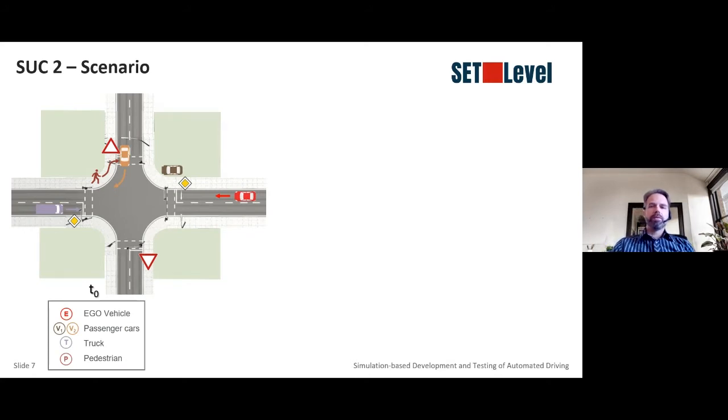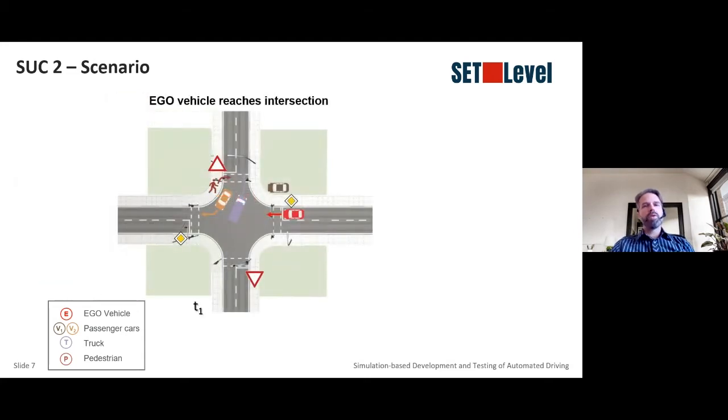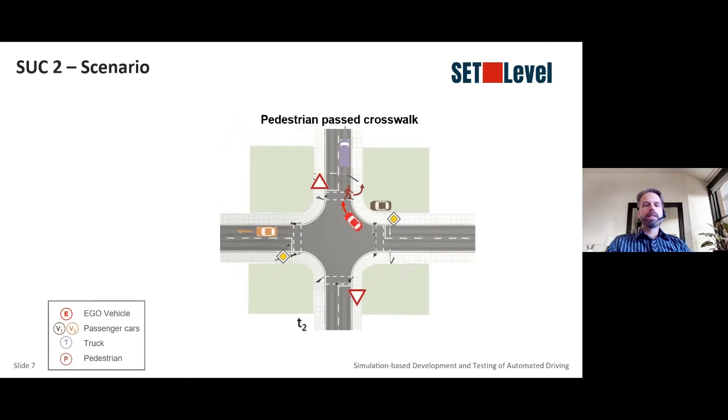At the time t0, the situation is as depicted. By the time when the ego vehicle reaches the intersection at t1, both V2 and the truck are already performing their turning maneuvers. The next important moment is when the pedestrian has passed the crosswalk at t2.